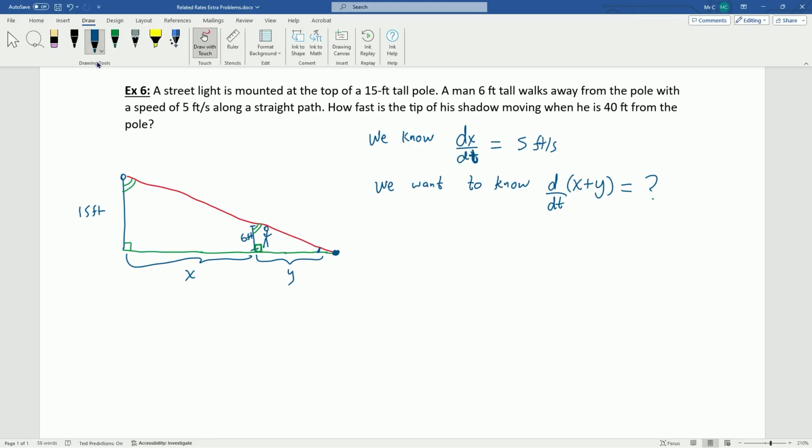And we know that the ratio of sides of similar triangles are equal. So let's go ahead and write that ratio out. We can write this as y over 6. That's this side over this side. And then for the large triangle, our bottom side here is x plus y divided by 15.